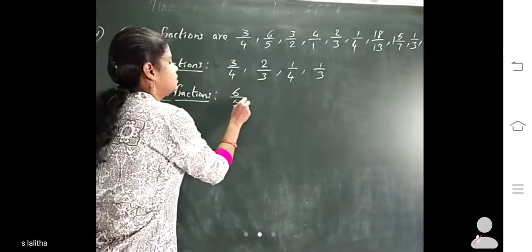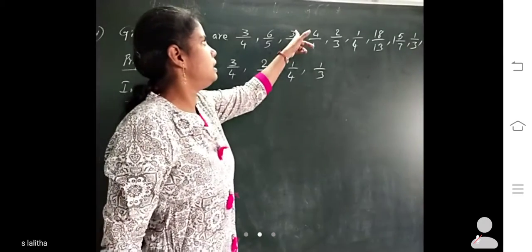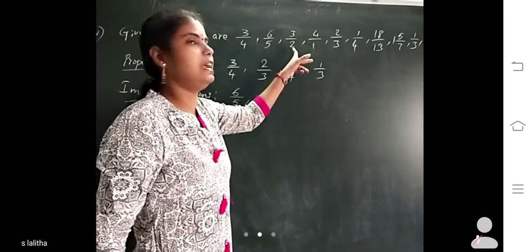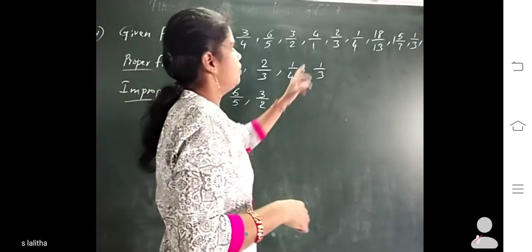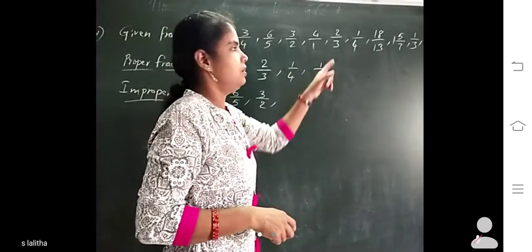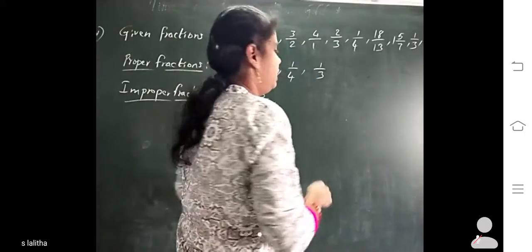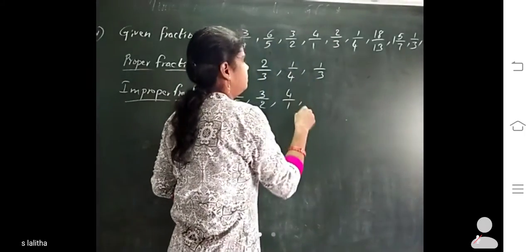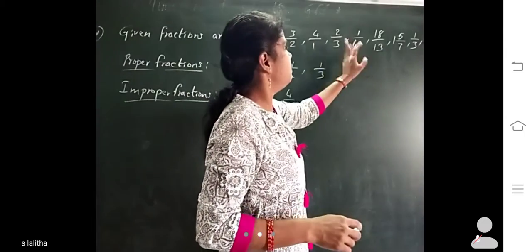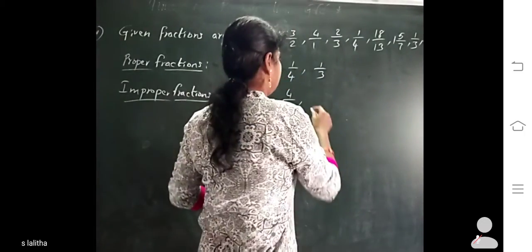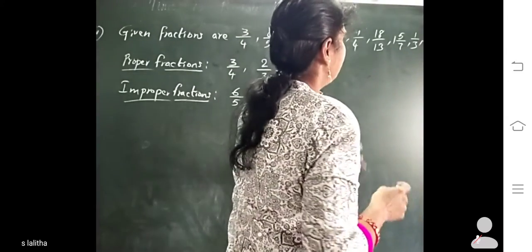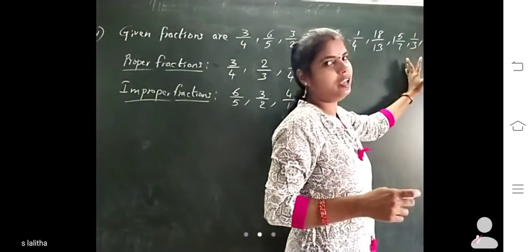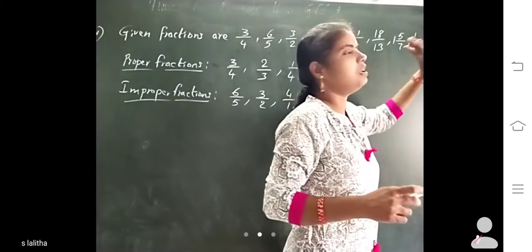Next 3 by 2: here also the numerator is greater than the denominator. 4 by 1: the numerator is greater than the denominator. Then 2 by 3 and 1 by 4 are not improper, and 18 by 13 is improper. The mixed numbers are also not improper.